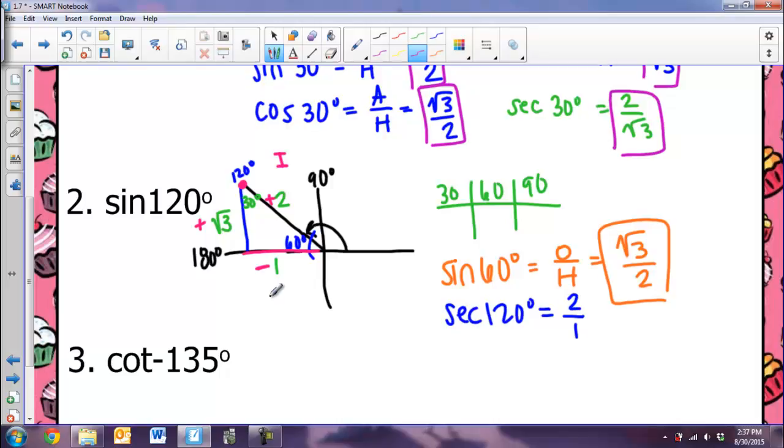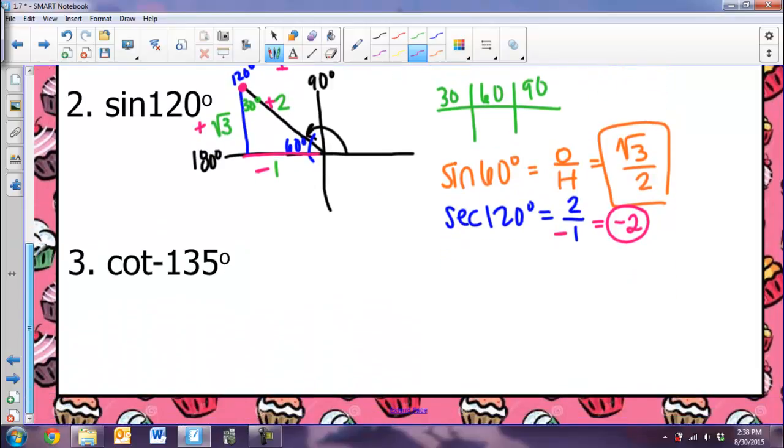So you have to worry about your negatives now because you're dealing with this quadrant right here. So secant of 120, if I'm dealing with this side, is actually a -1, which would mean my answer would be -2. Okay, so you have to look at what your quadrants are: did you go to the left or right? Did you go up or down?